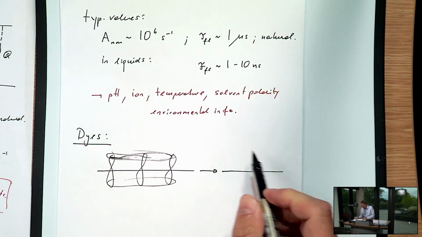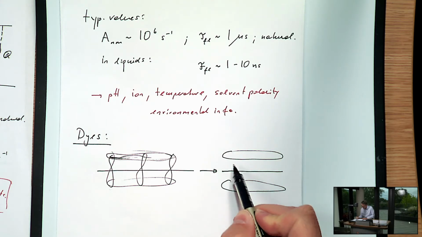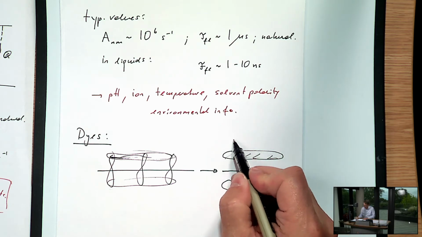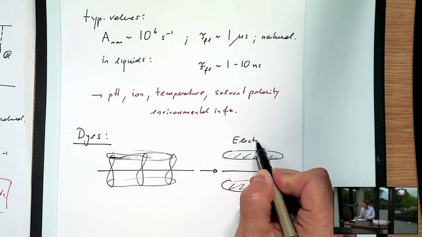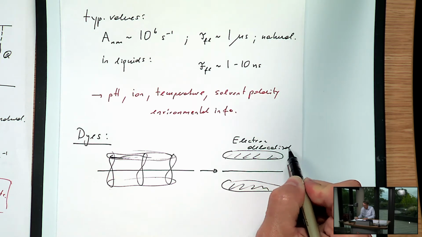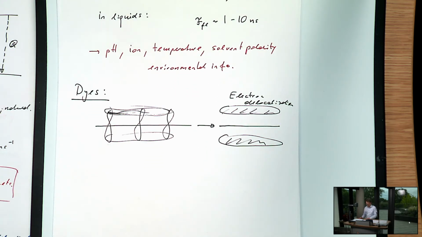So this leads to this overlap, these clouds of electrons, within which these valence electrons can move, and this is called electron delocalization. And that's very important to get strong absorption and strong emission.